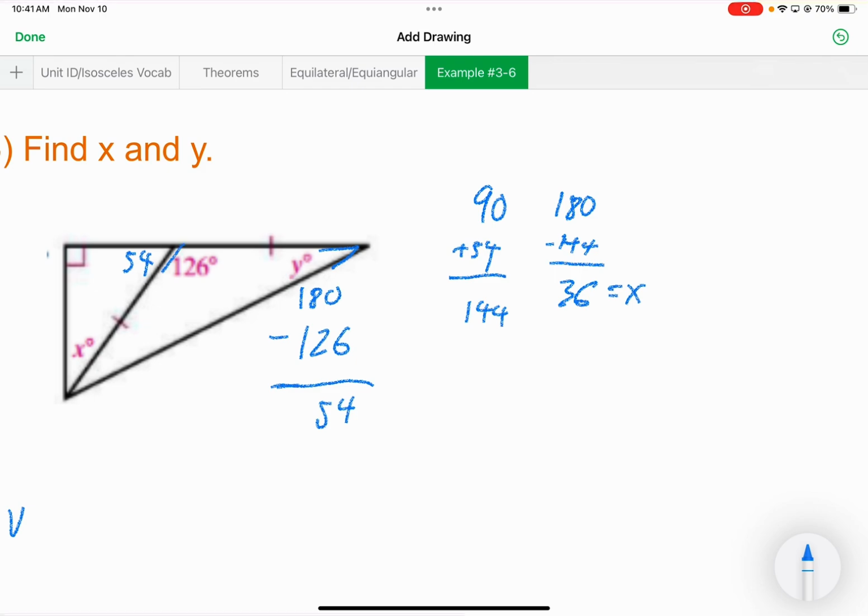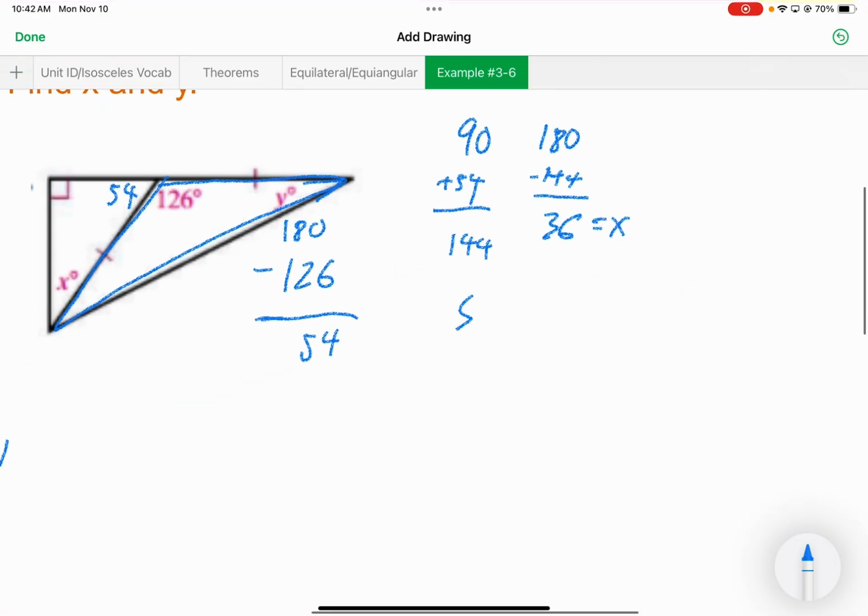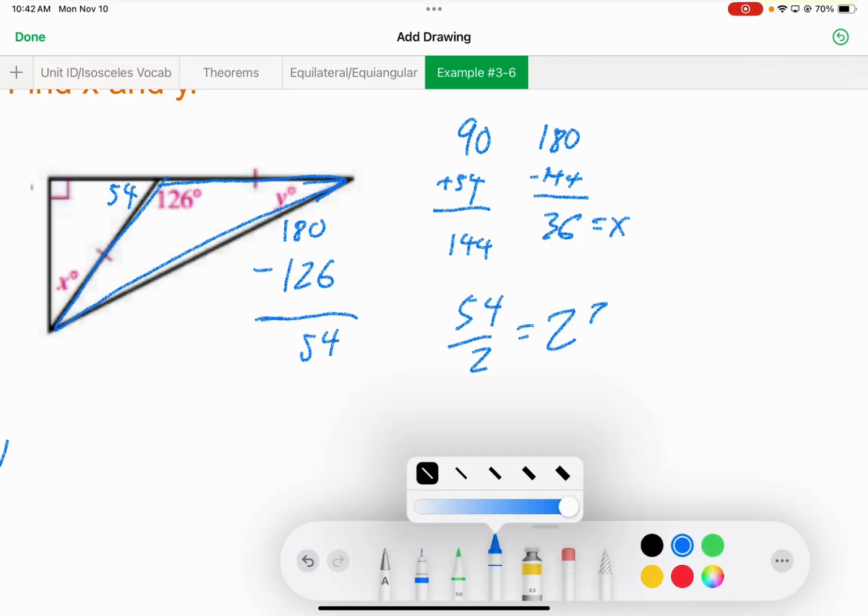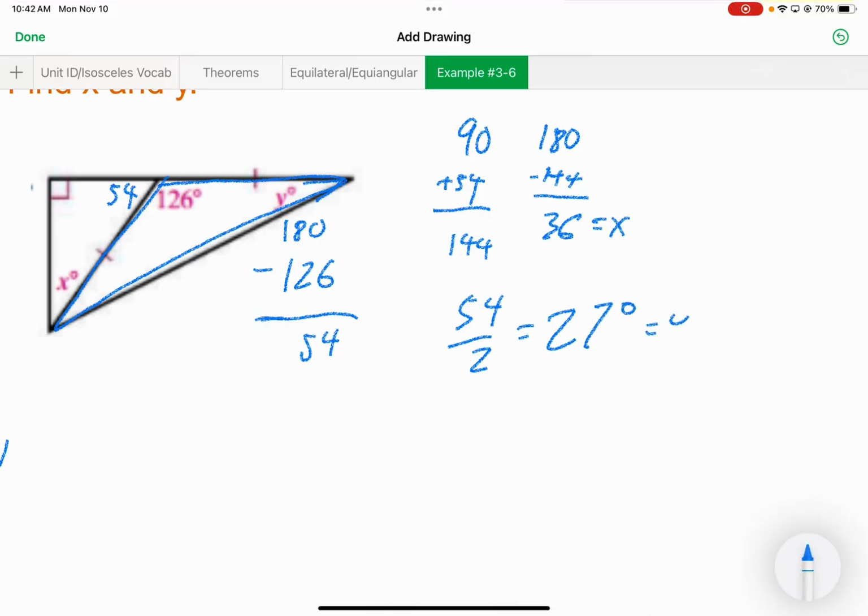So if I think about it in terms of just this triangle, 126 taken away from 180 is 54. So 54 divided by 2. There it is. If I take 54 and cut it in half, because I have two angles that I know are congruent to each other, I get 27 degrees. Good. Yeah, so then that would be my value for Y.